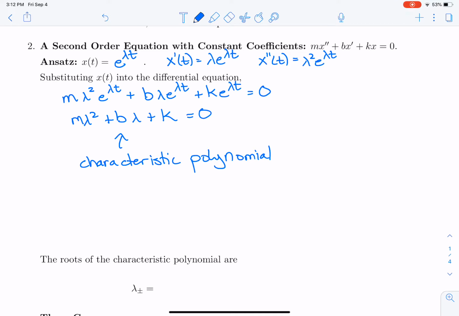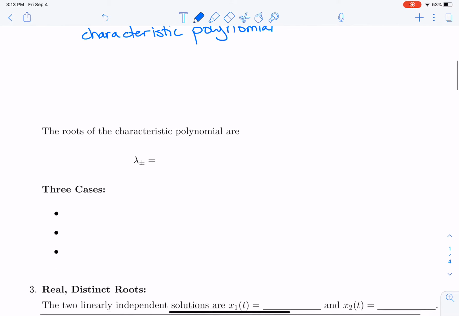And it seems a little odd to be using the same term for a concept that seems quite different. So maybe we'll just have to see if later on in this course I can reveal why it makes sense to use the term characteristic polynomial. For now, let's just find the roots of this characteristic polynomial.